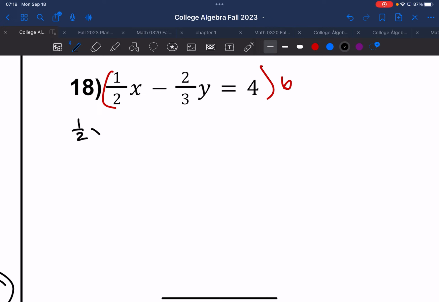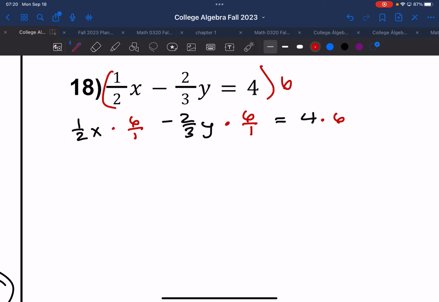So 1/2 x times 6 over 1 minus 2/3 y times 6 over 1 and 4 times 6. Okay, so I don't need to write that 6 as a fraction because it's being multiplied by a whole number.